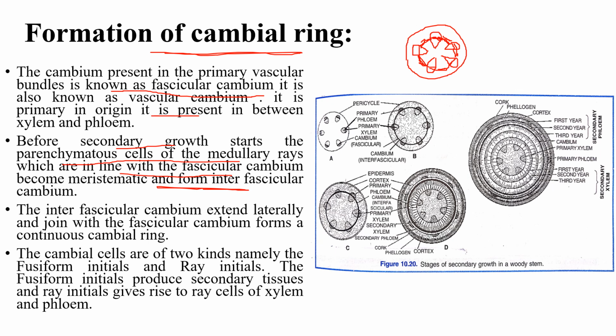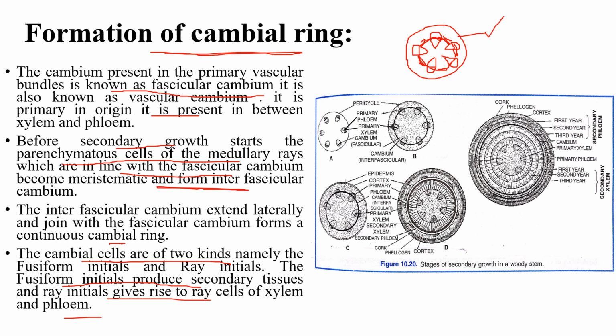The interfascicular cambium extends laterally and joins with fascicular cambium, forming a continuous cambial ring. The cambial cells are of two kinds, namely fusiform initial and ray initial. The fusiform initial produces secondary tissue. Ray initial gives rise to ray cells and xylem and phloem. So finally, the cambium ring is formed, which is your first step, formation of cambium ring.